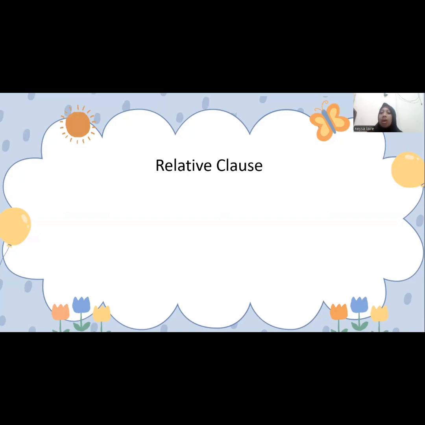Relative clauses always begin with a pronoun or relative adverb and cannot stand alone as a sentence. They are integrated into the main clause and have an adjectival function, describing or identifying a noun.